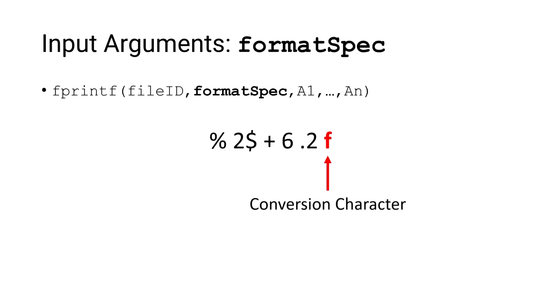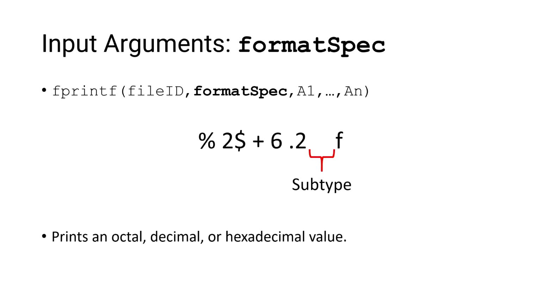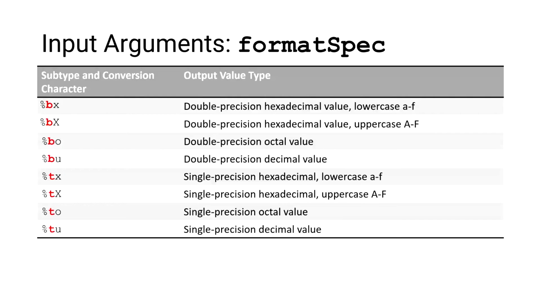Now, some conversion characters, but not all, have a subtype. And the subtype prints an octal, decimal, or hexadecimal value. And the subtype must immediately precede the conversion character. So let's take a look at our subtypes. The subtypes are on the left and they're highlighted, and they immediately precede their conversion character.